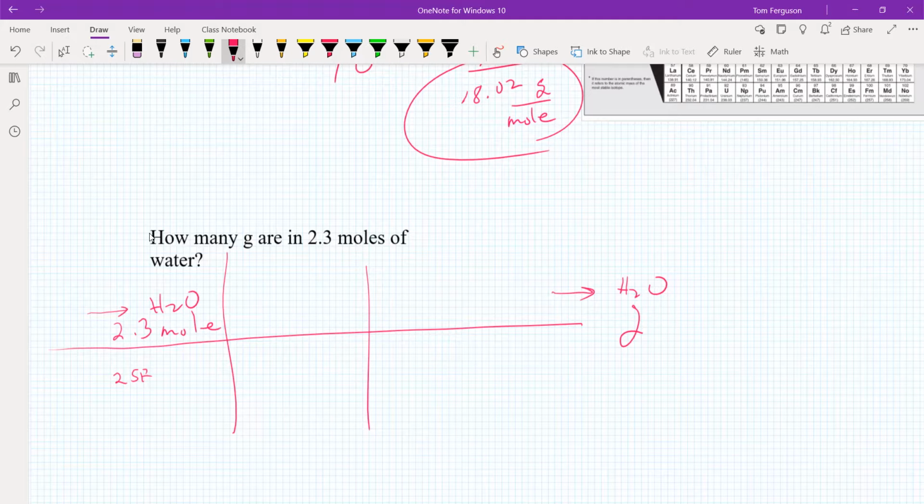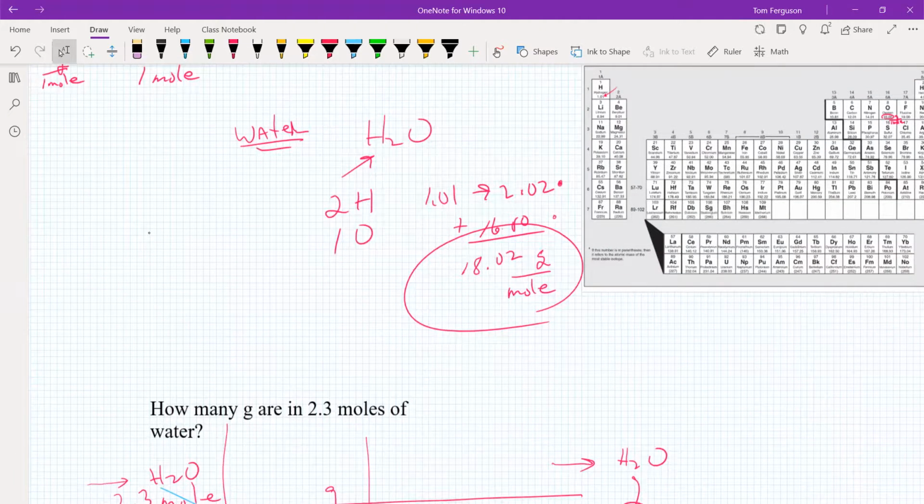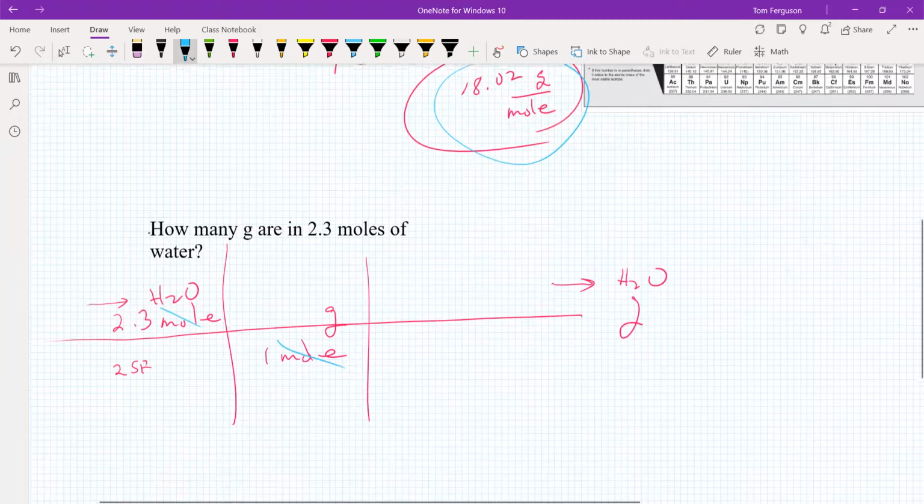Grams per mole. Yeah, grams per mole, exactly, because we want moles to cancel. And how many grams are in 1 mole of water? We just did that. It's 18.02 grams per mole.